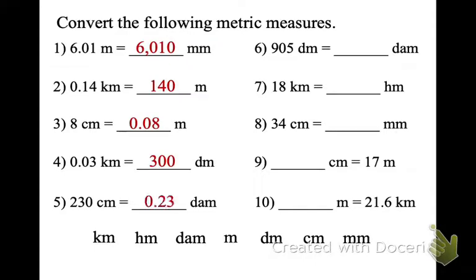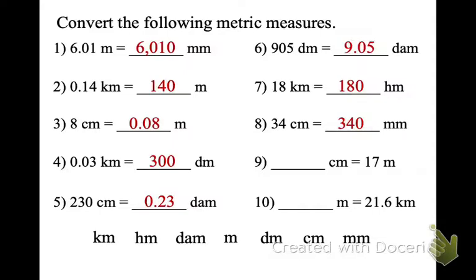Number 5, you should have gotten 2300 decameters. Deca, that's why. Number 6 is 9/500ths decameters. Number 7 is 180 hectometers. Number 8 is 340 millimeters.